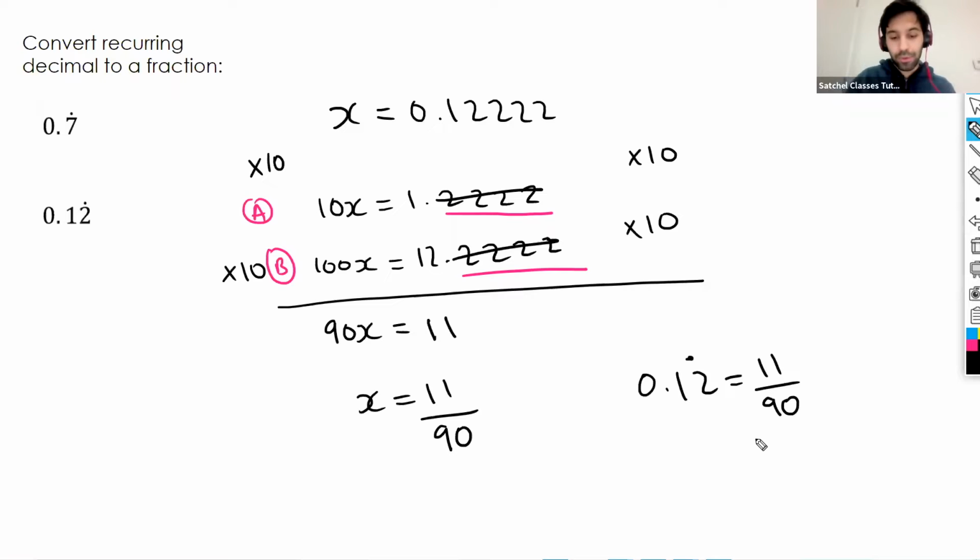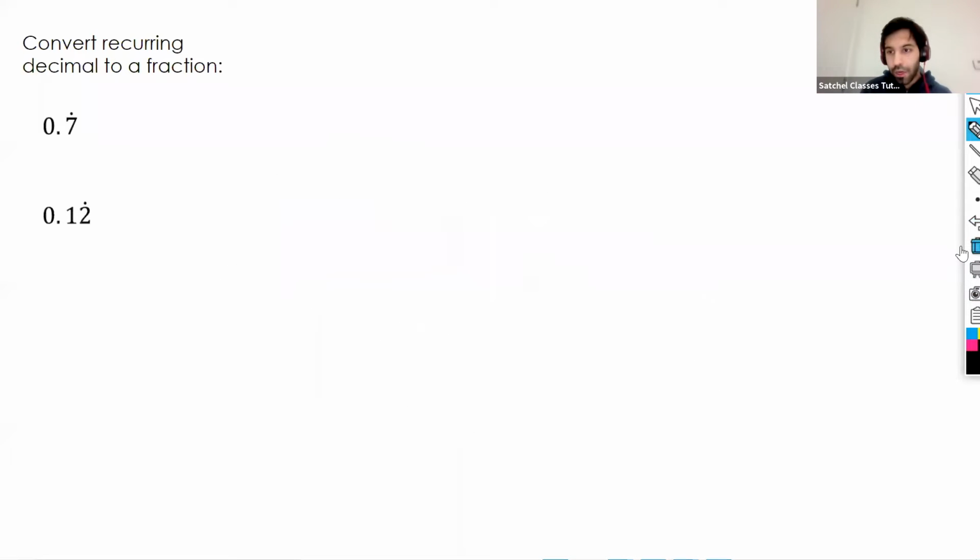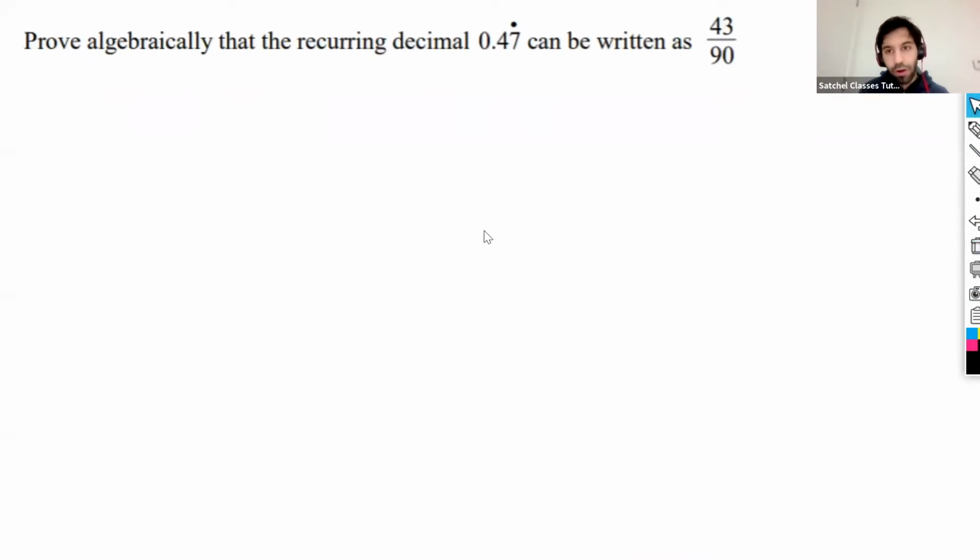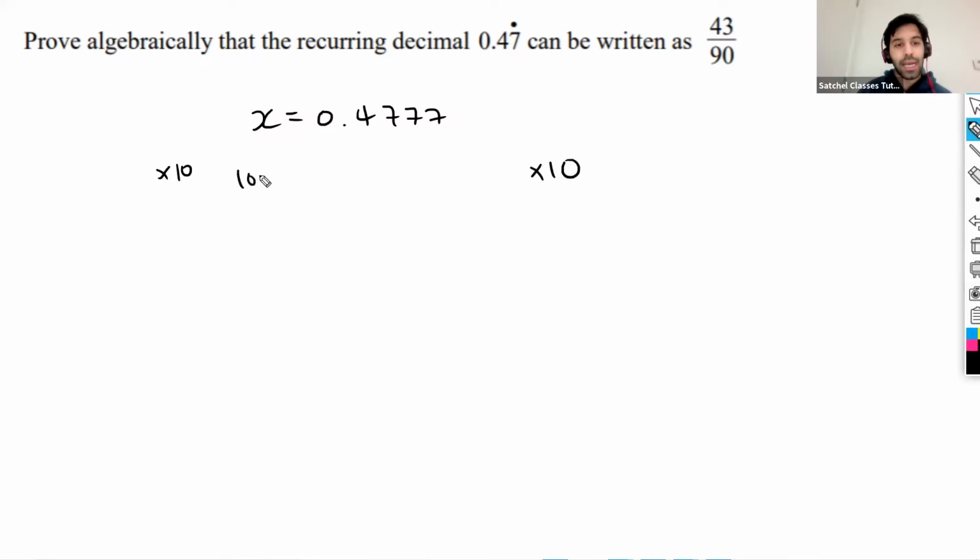Now let's do some exam questions. Usually the exam questions are worth about 2 to 3 marks. It says prove algebraically that the recurring decimal 0.47 can be written as 43/90. So again, let x be equal to 0.4777 recurring. Multiply both sides by 10, and we get 10x is equal to 4.777.